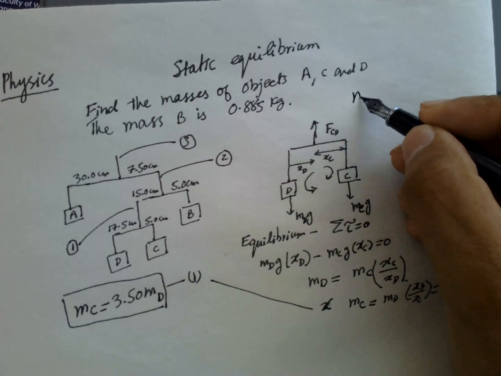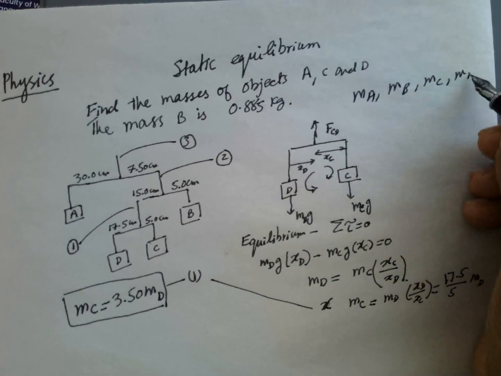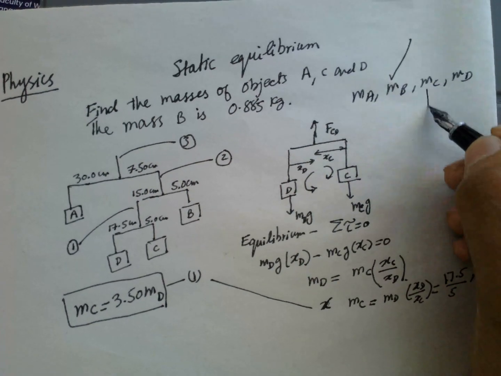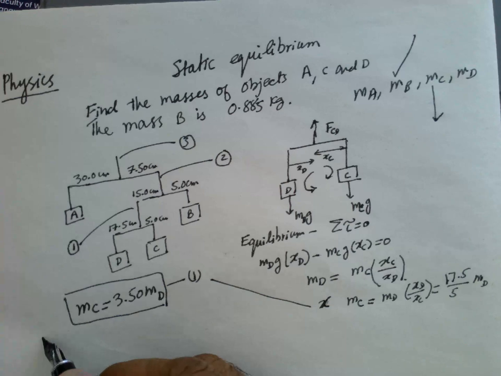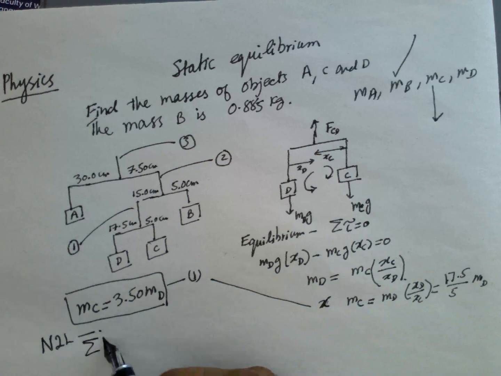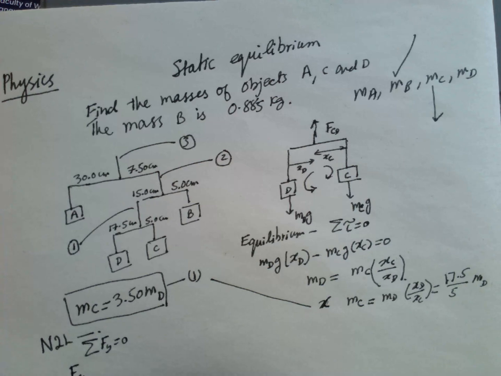So if we write down MA, MB, MC, MD, this is given, and we have found this MC relationship, and then we will find the rest. Number 2 is to apply Newton's second law: the sum of all Fy forces is equal to 0. So now we can find FCD in the positive direction, which is equal to MDG plus MCG.